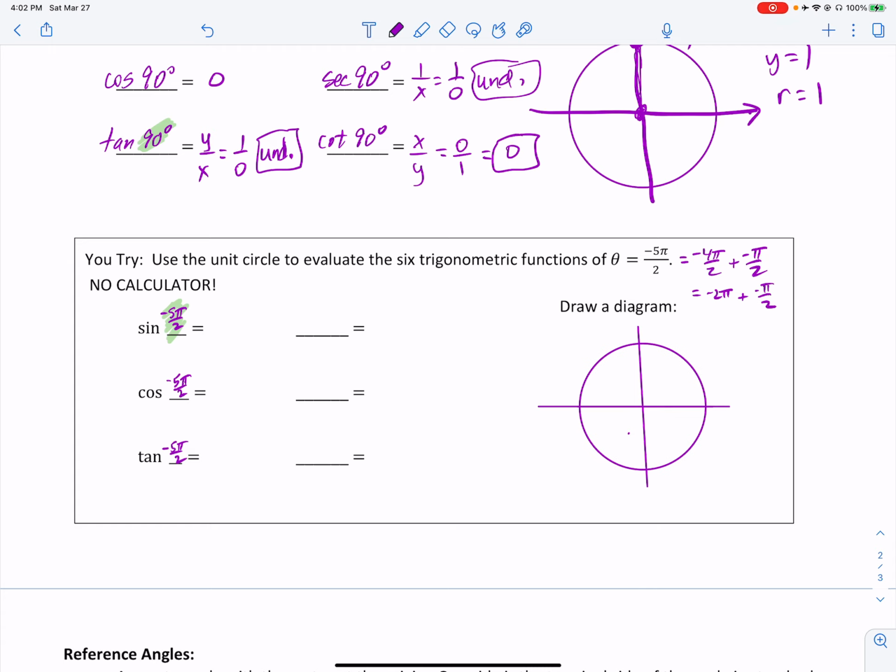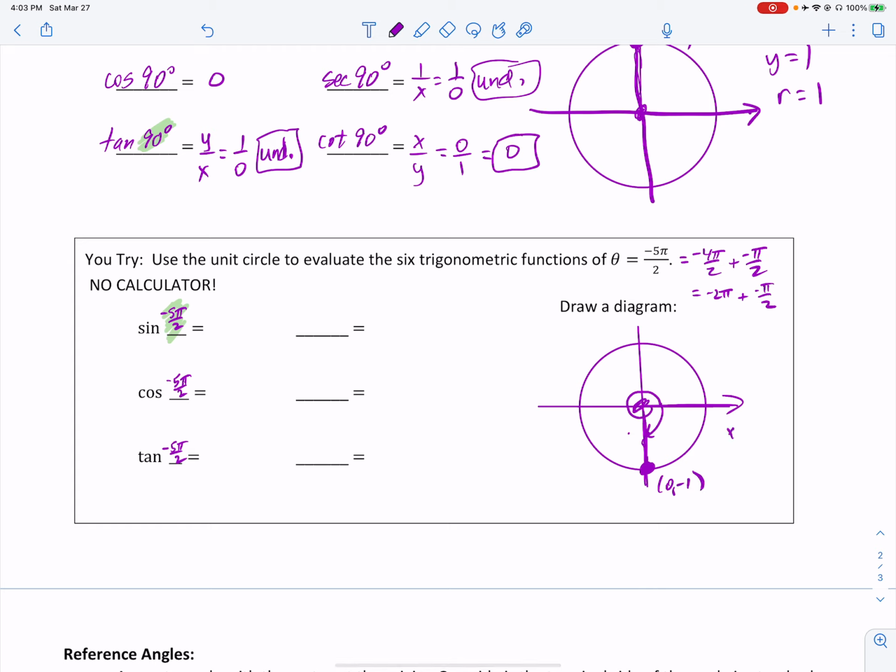All right, so there's my circle, and I'm going to draw that in. So I am rotating clockwise, a full rotation, and then ending up here. So that terminal side is intersecting the unit circle. So this point is 0, negative 1.